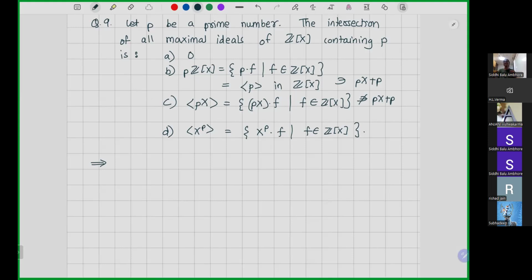And what is your guess? See, this question has only one correct answer. So can you just get rid of options, so that you can conclude that, okay, this is definitely not an answer? Any guesses of that sort?